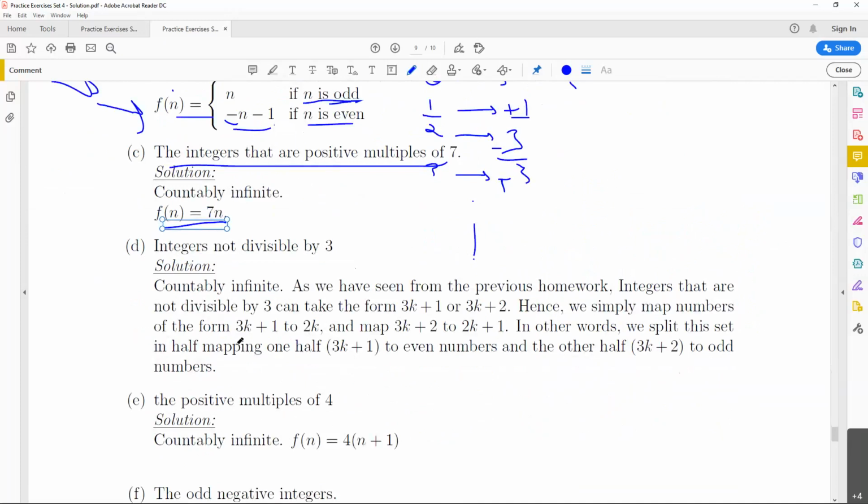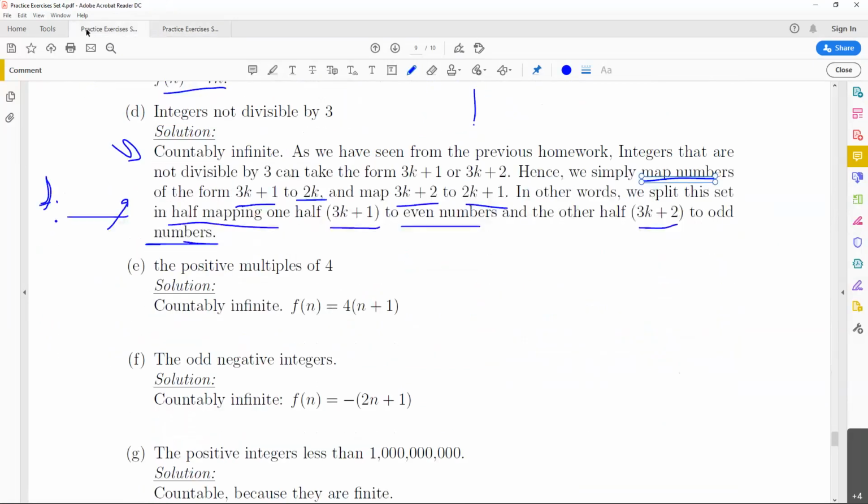Yeah, so that's what they did. Map numbers of the form 3k plus 1 to 2k, and 3k plus 2 to 2k plus 1. In other words, we split in half. 3k plus 1 to even numbers, 3k plus 2 to odd numbers. I don't know if they didn't write the function because it might be messy, but they explained it pretty well.